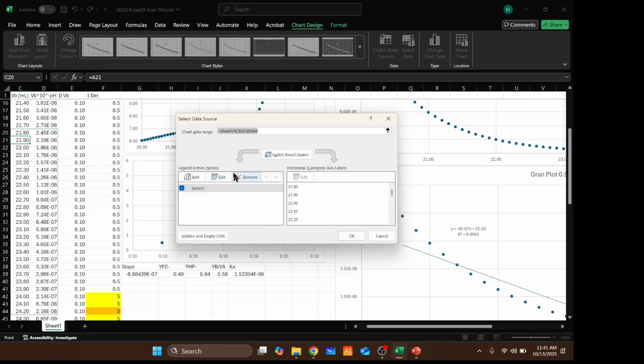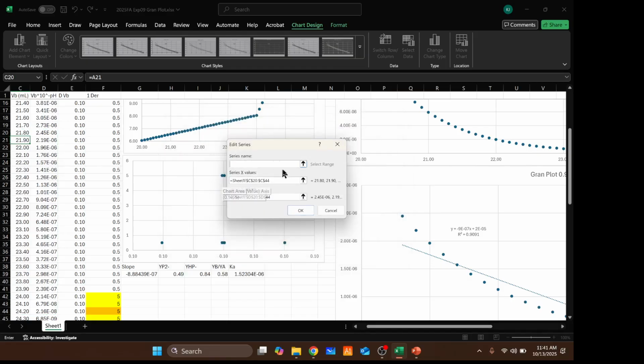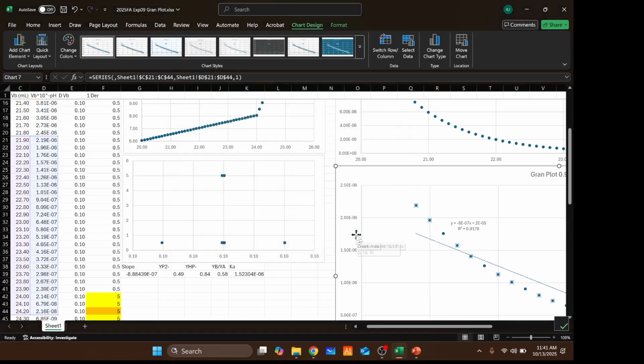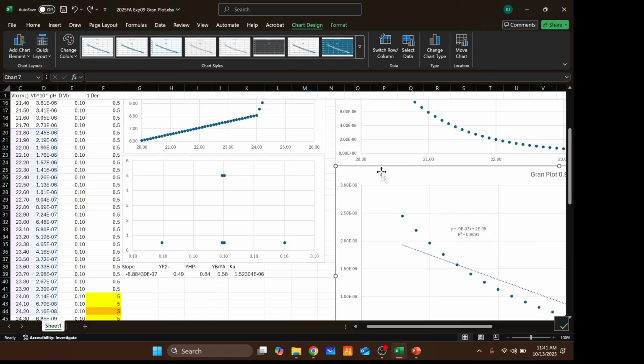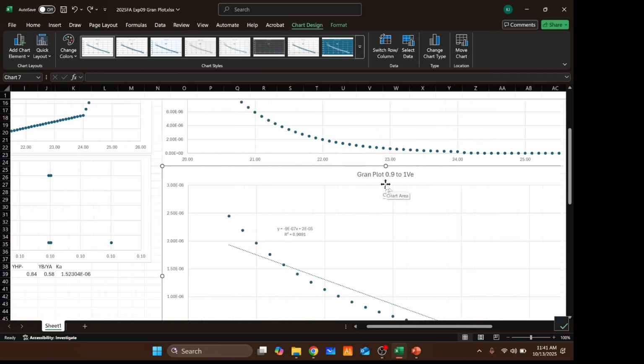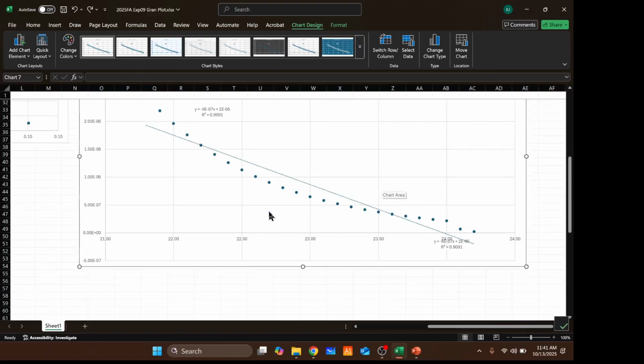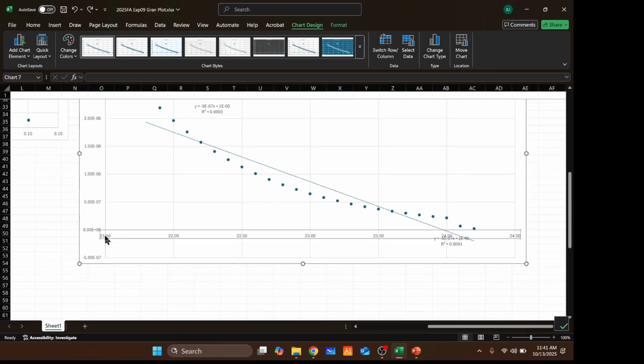Everybody got that okay? If your bounds are not coming up correctly, all you have to do is come down here to whichever bounds is not coming in correctly and open it.